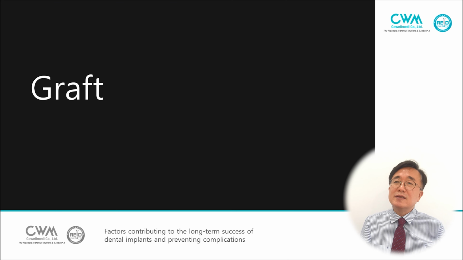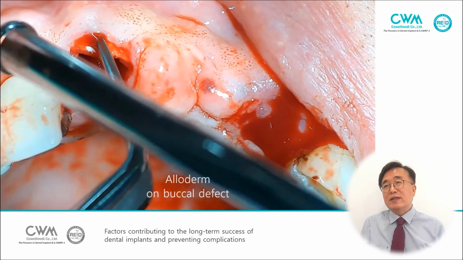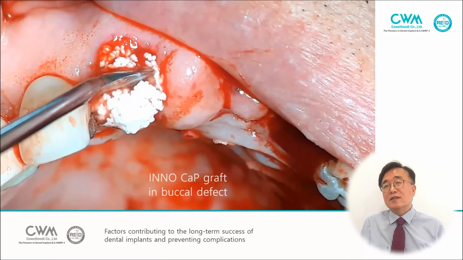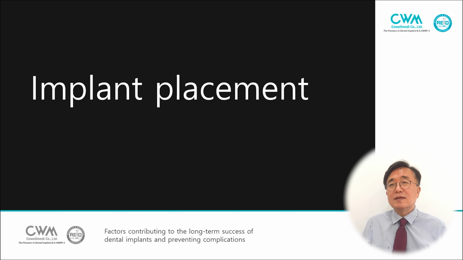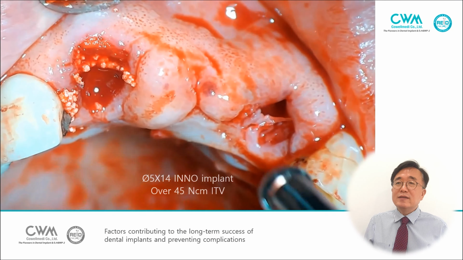And graft, first, AlloDerm. The dermal matrix is inserted on the buccal gingiva, and then bone graft, Inocap, is put in the buccal side. Finally, the implant is placed.